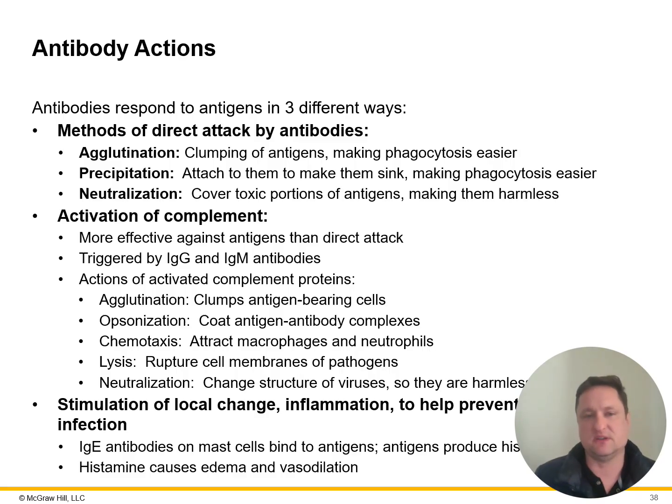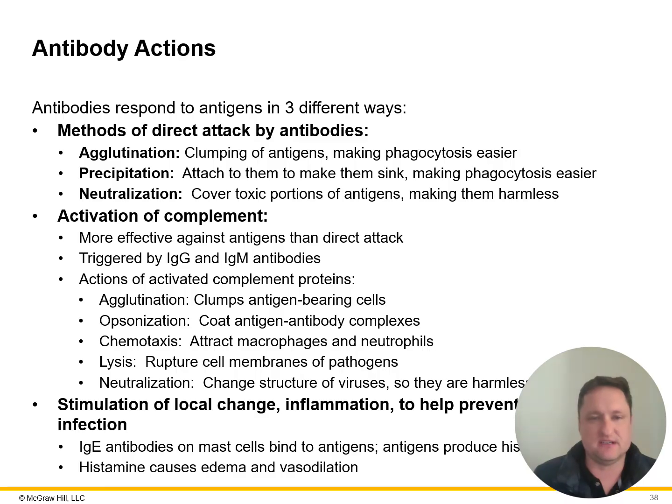Second one here is precipitation. And this is similar, but happens with soluble antigens. So antibodies bind and make them insoluble, so they settle out and can be cleared. Essentially, they sink them.